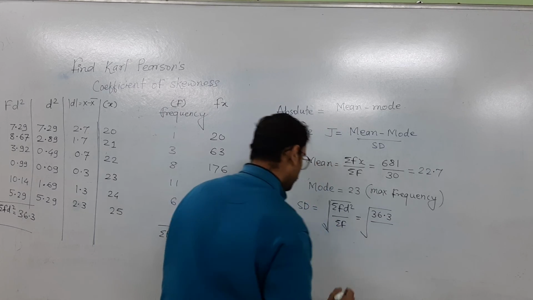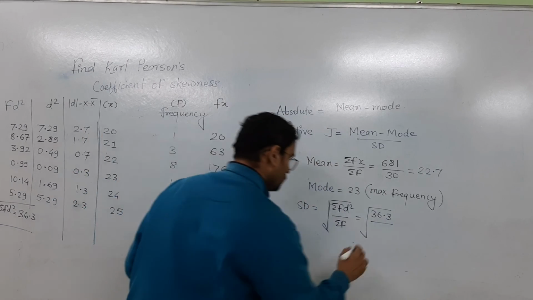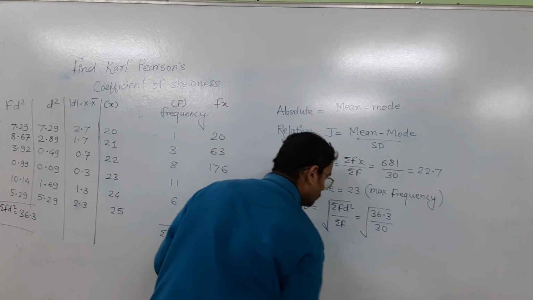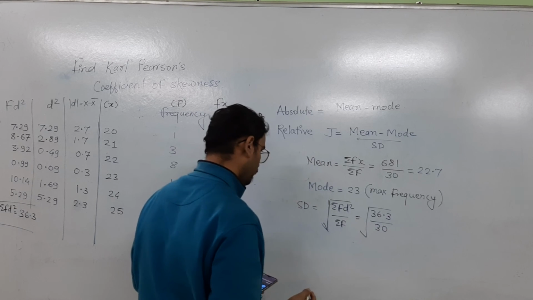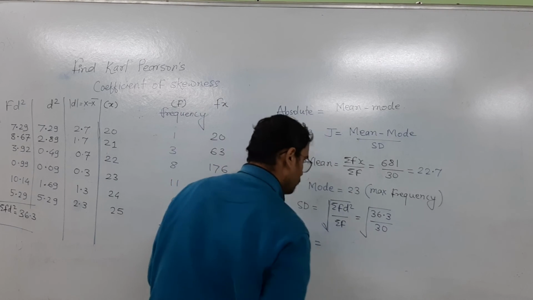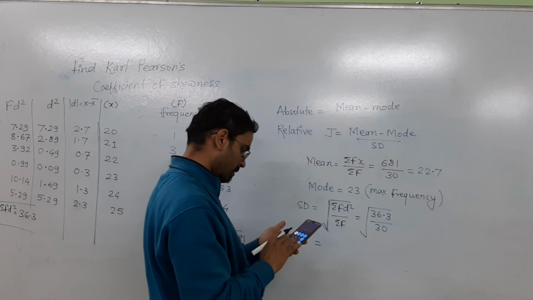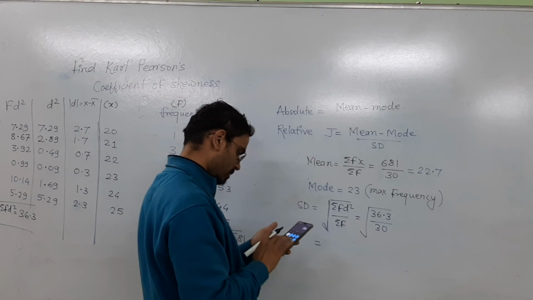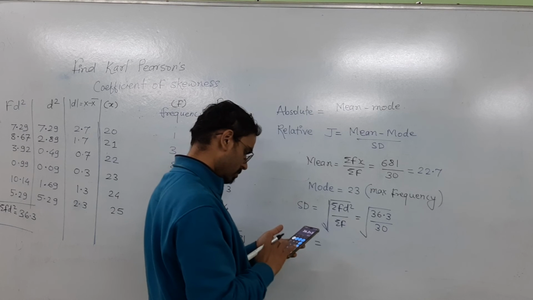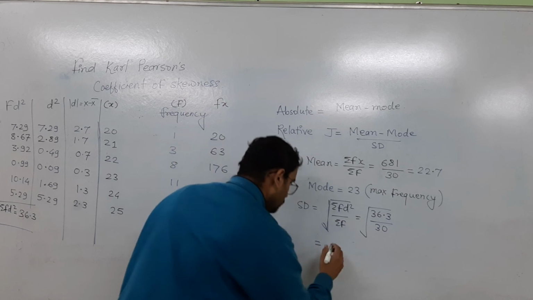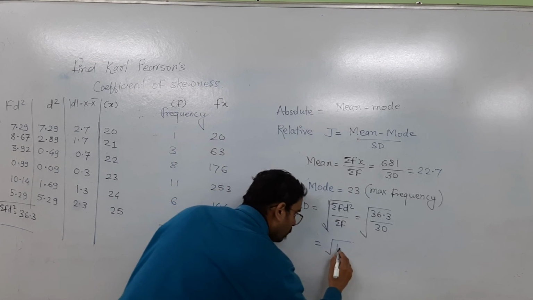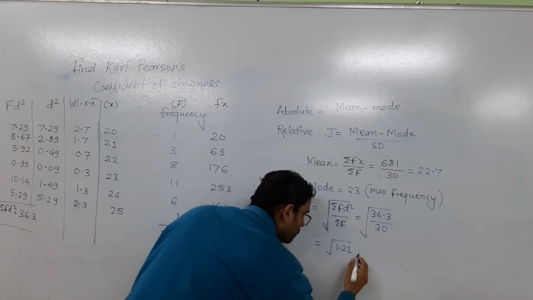36.3 divided by summation of frequency, which is 30. Let's find out. 36.3 divided by 30 is 1.21.